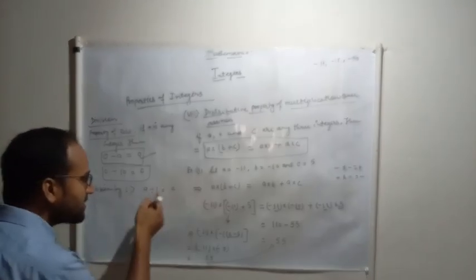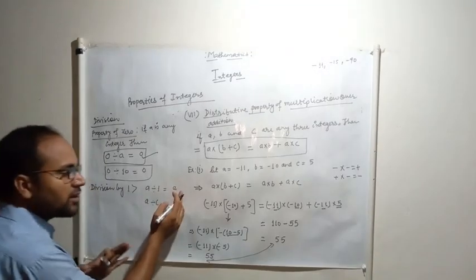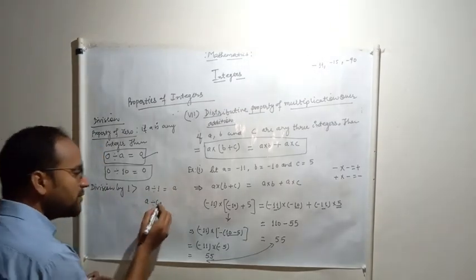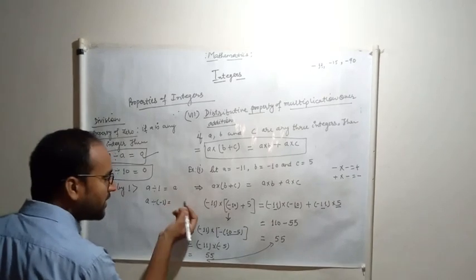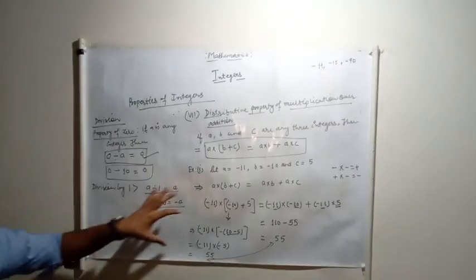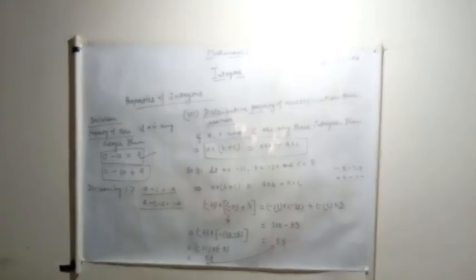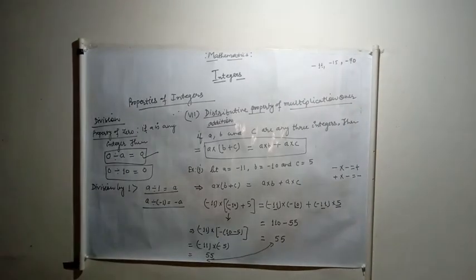But students, if you divide by positive 1, you get a positive value, and if you divide by minus 1, then your quotient should be minus a. Okay, so these things you will always remember, students. Division by 1, you will get the same integer, but if you divide it by minus 1, you will get the minus of the same integer.